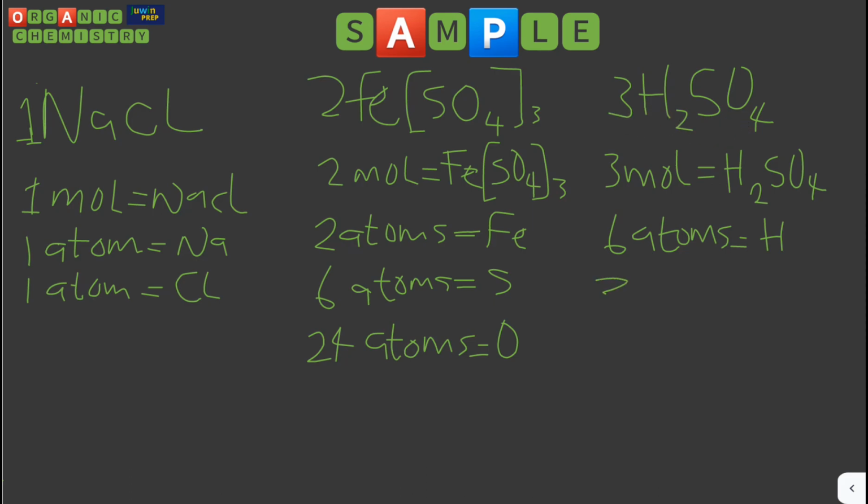So we have 3 atoms of sulfur. Next, we say 4 times 3. 4 times 3 is 12. 12 atoms of oxygen. And here is how to interpret compound.